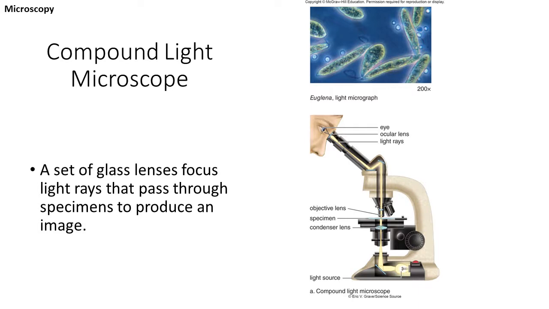Last of this, I want to do a brief review of microscopy. Compound light microscopes use a set of two lenses to focus light rays that pass through specimens to produce an image. So light is shone through one set of lenses, which focuses a beam.